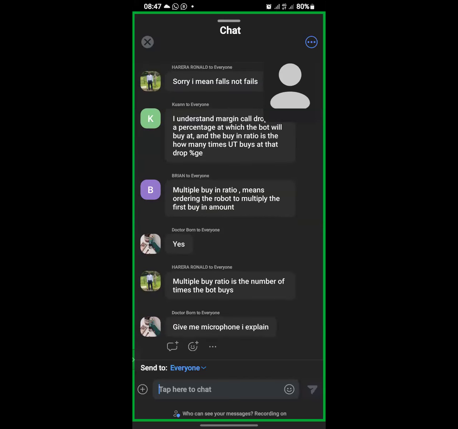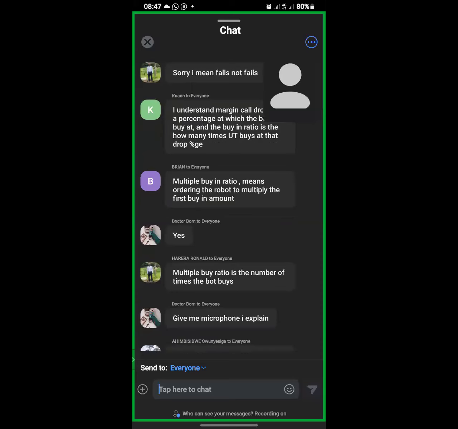This is the way you understand it, and it is the right way. He said multiple buying ratio means ordering the robot to multiply the first buying amount. I like that, because the first buying amount normally moves with the multiple buying ratio. What you put on your first buying amount determines the times the robot is supposed to buy.